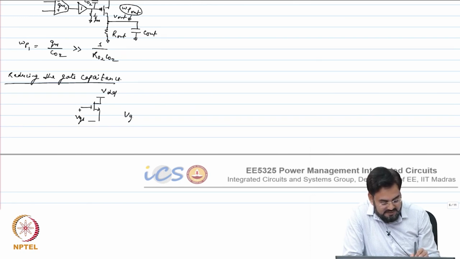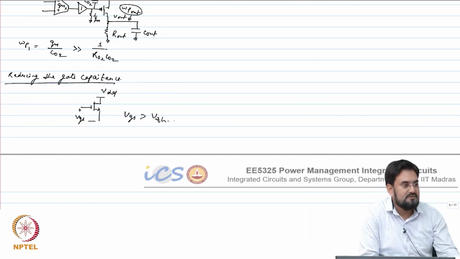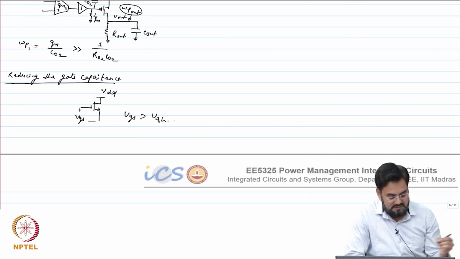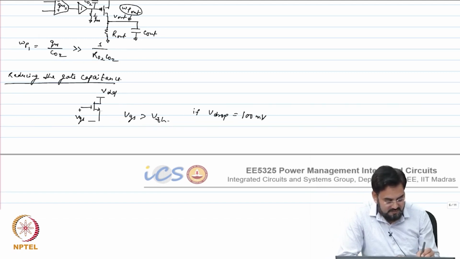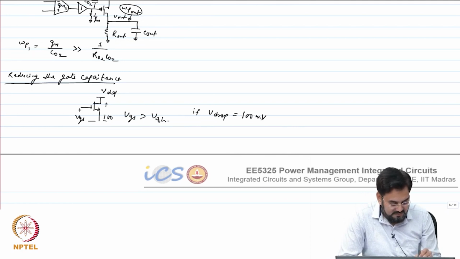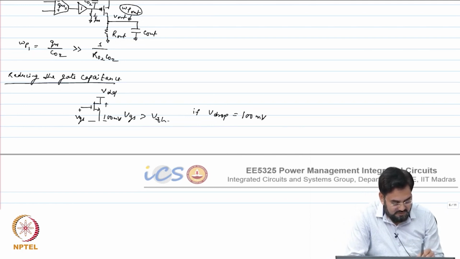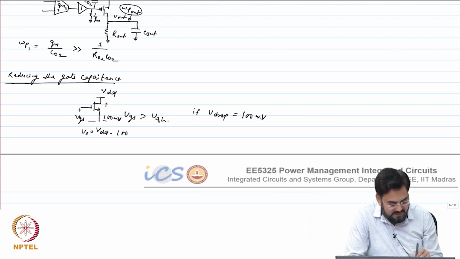So VGS should be greater than VTH, correct? If V drop is, let's say, plus minus 100 millivolt, so the source is how much? VDD minus 100 millivolt.